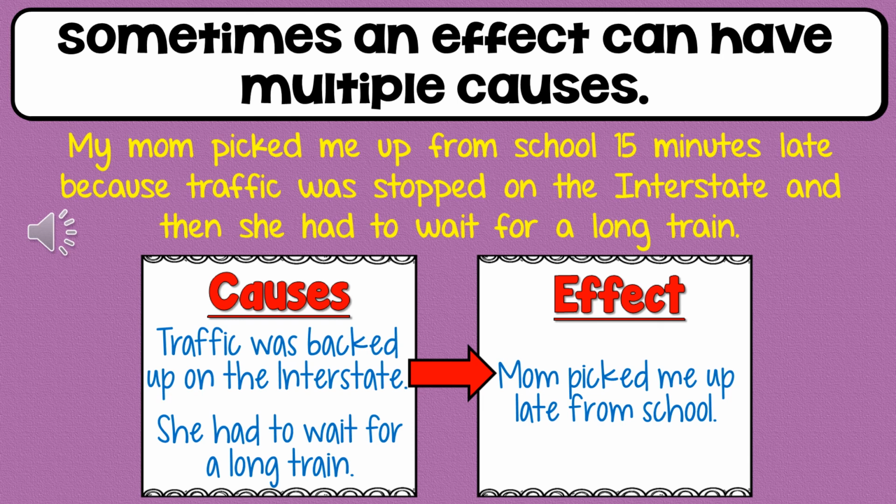So both the backup on the interstate and the waiting for the train caused Mom to be late to pick me up from school. So there were two causes to the effect of being picked up late from school. Can you think of examples in your life when there might be multiple causes to an effect?